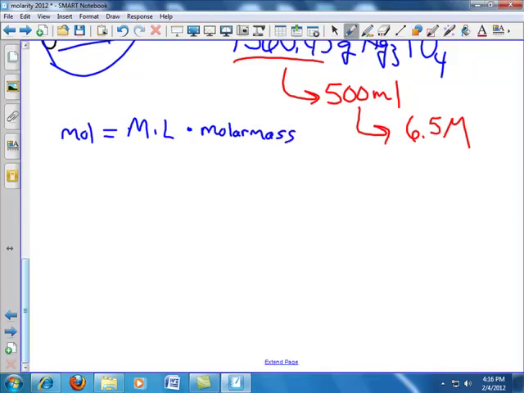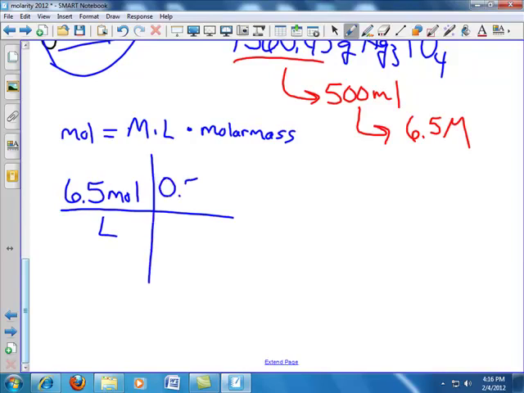Well, what if you put all that into a T-box, where I started with my 6.5 molar solution, which was 6.5 moles per liter, and I multiply that by 0.5 liters. If I stop there, I'm done, I have my moles, but I don't want to stop there.